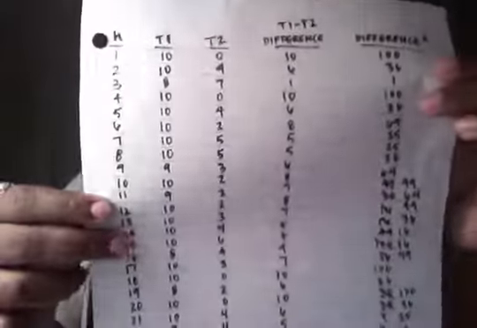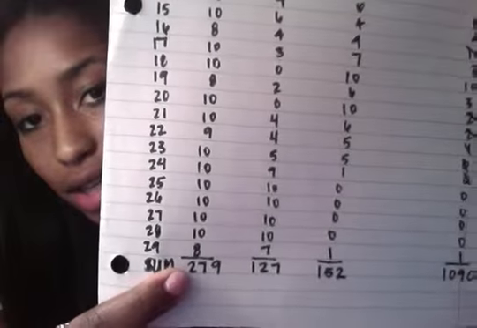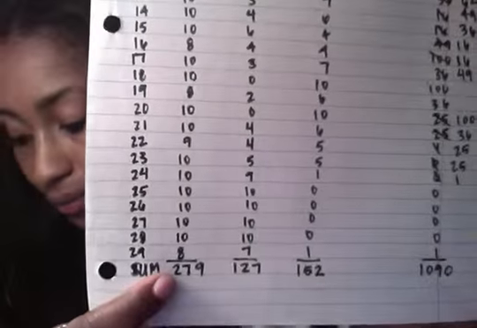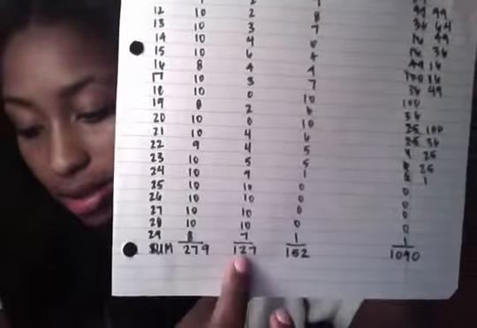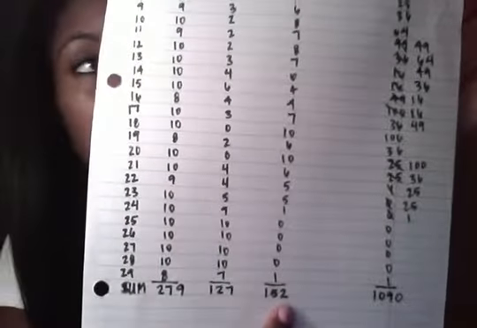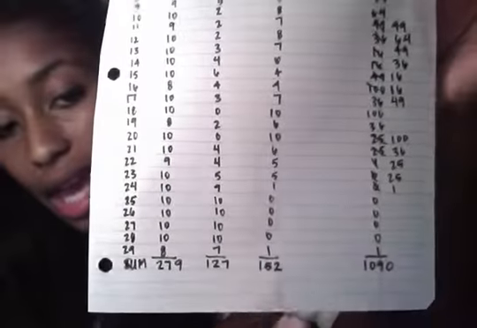So I got the sum of the first round of scores that the participants gave. This is the second round of scores. The sum, and then this is the sum of the difference of scores.